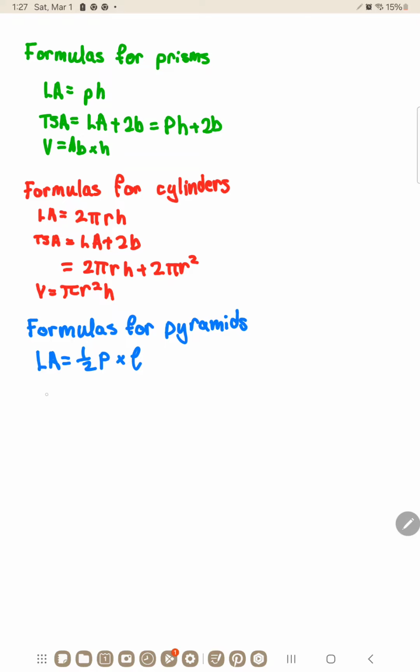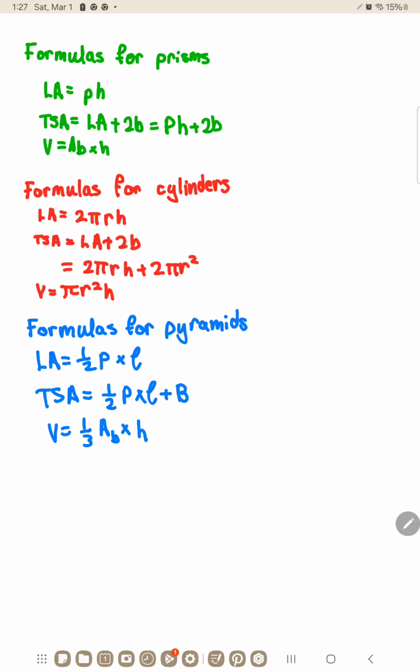Then we have total surface area, which is lateral area plus base, but we're gonna write it in full: half perimeter times slant height plus area of base. Now the volume is a third area of base times height, not slant height, just height. Okay?